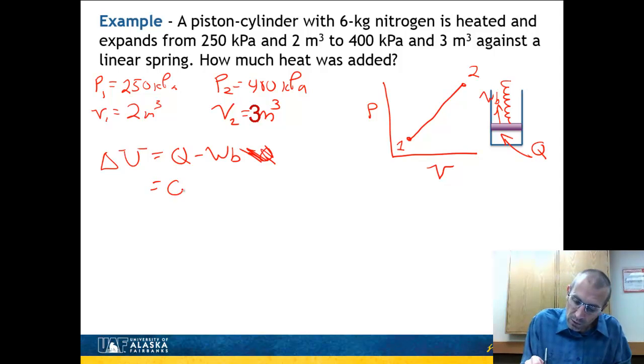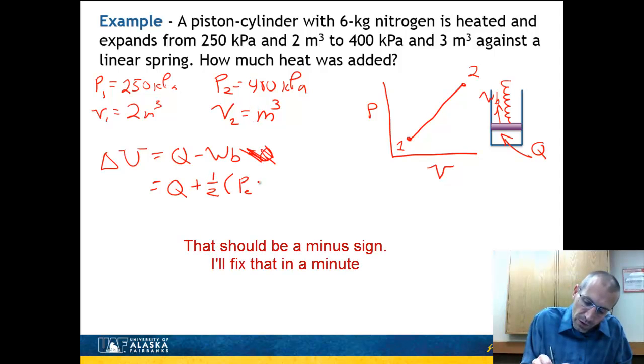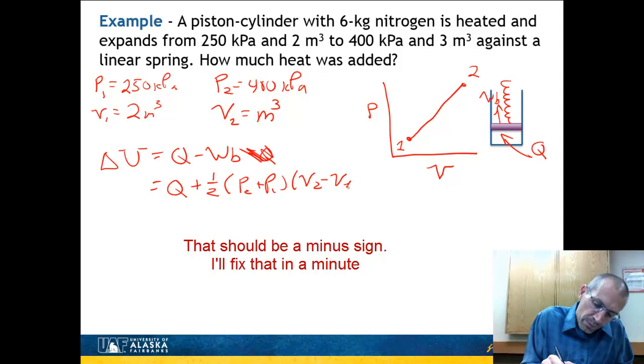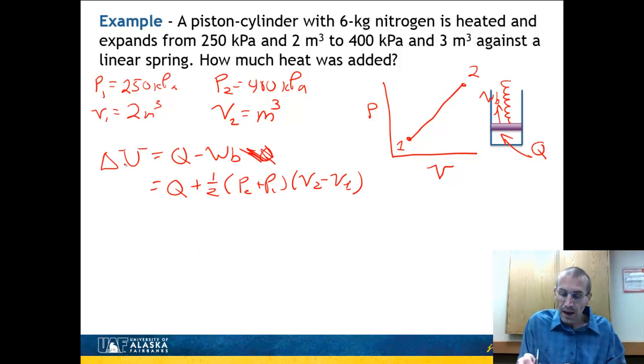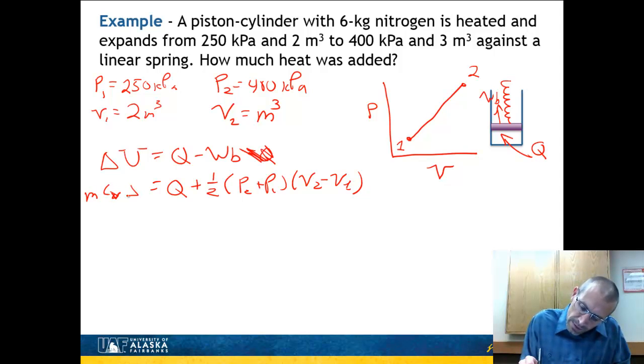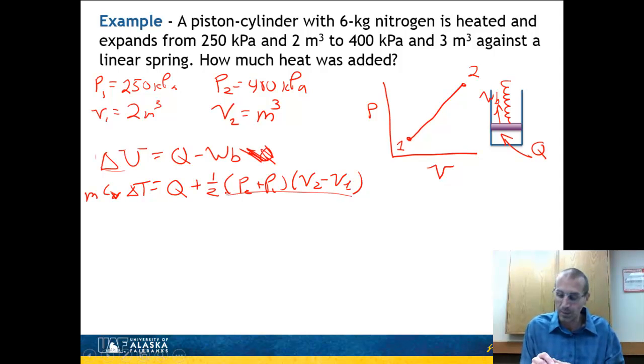So this ends up being Q minus my spring term, which is 1/2 (P2 plus P1) times (V2 minus V1). And delta U is m Cv delta T. So if I want to solve for Q, I use Cv to substitute for the delta U term, and I put my work term in right there.